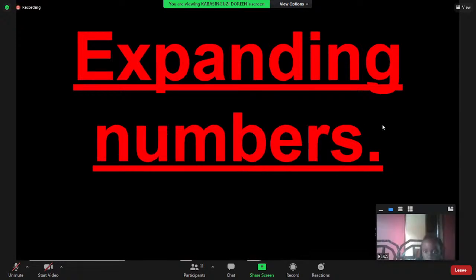Who else can tell me what the word expand means? When I say expand, what does it mean? Someone to try? Hey, this is a new term for primary one. Solomon, could you try?